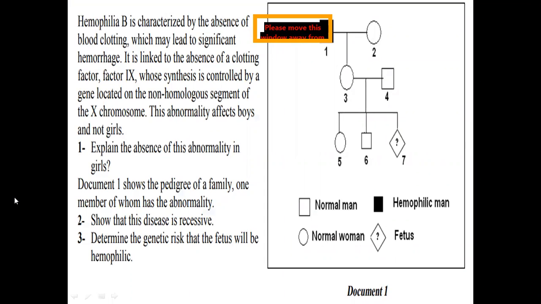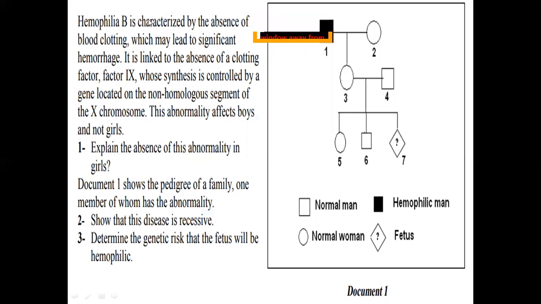Hemophilia B is characterized by the absence of blood clotting, which may lead to significant hemorrhage. The disease is linked to the absence of a clotting factor called factor 9, whose synthesis is controlled by a gene located on the non-homologous segment of the X chromosome.